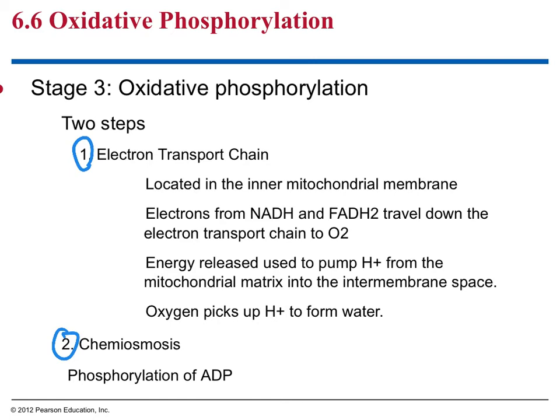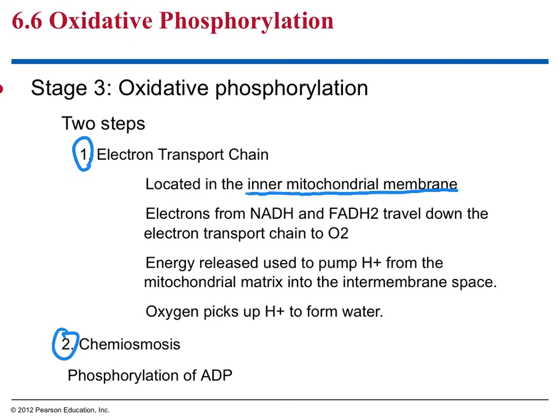The electron transport chain is made up of a bunch of proteins that are embedded in that inner mitochondrial membrane. So remember when we learned about proteins being embedded in membranes? These proteins that make up the electron transport chain are found in the inner membrane of the mitochondria.